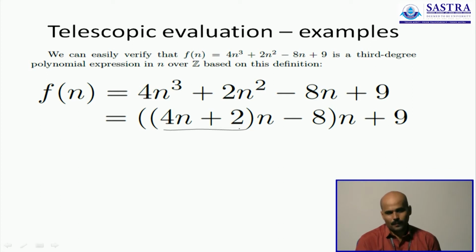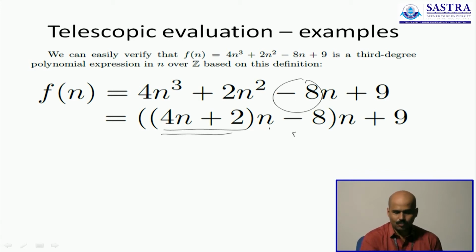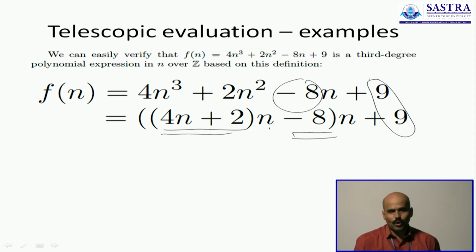So you are writing the second term as a 0th degree polynomial. So 2n squared is written only as 2, and 4n cube is written as 4 times n to the power of 1. Now when both of these are multiplied gradually by powers of n, so you have 4n plus 2 with n, and then you reduce 8, and then once again you multiply with n, and at the last you add the constant. This is what you mean when you decompose the polynomial into simpler terms.